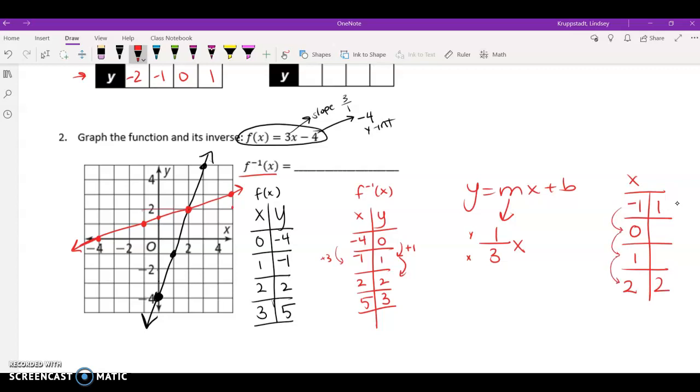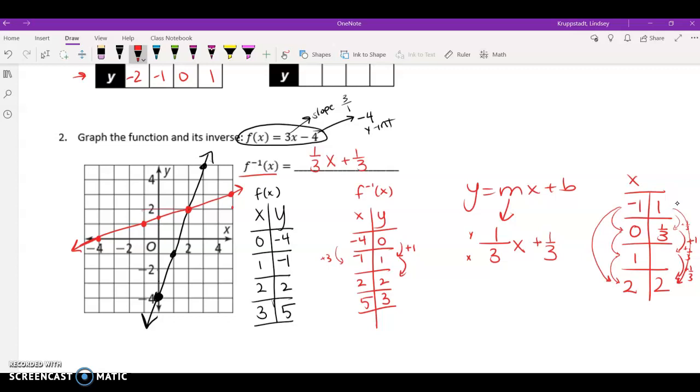Well, going up, I was going up by 3 on the x, and on the y's, I was going up by 1. So I actually need to go up 1/3 in order to get that step. That's a little bit more complicated of a problem than I think we're used to, but you can problem solve through it. You can also do this algebraically if you need to, which we'll show in the next example.